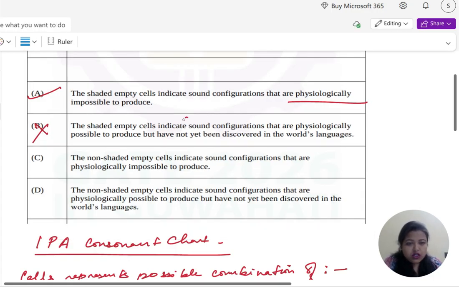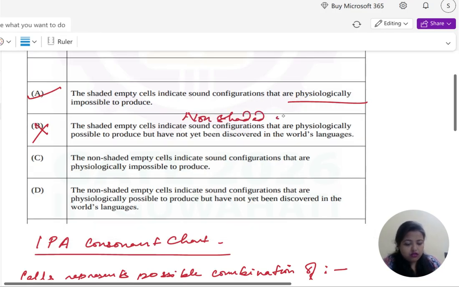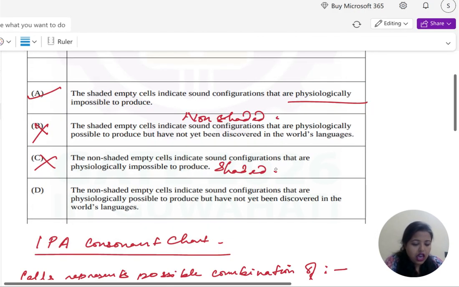The next one is the other way around, and again is about shaded. The last one, the non-shaded empty cells indicate sound configurations that are physiologically possible to produce but not yet discovered in the world's languages. This is correct: articulatorily possible but not attested in language.